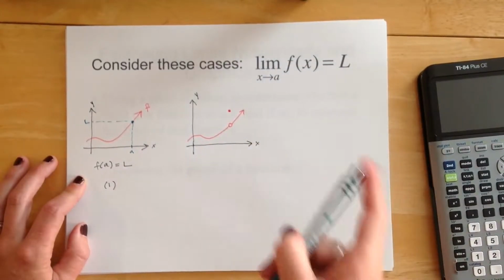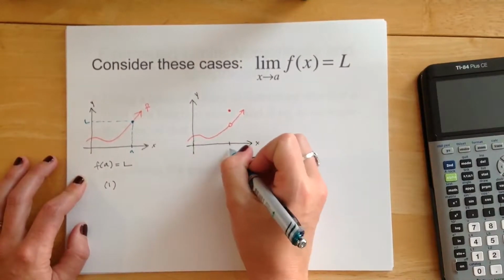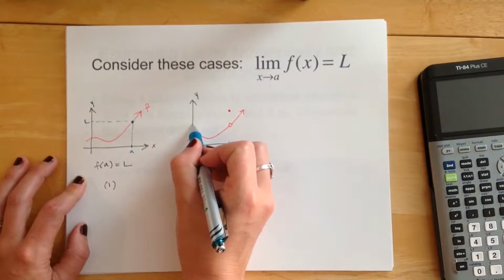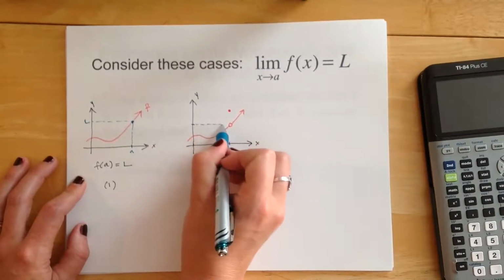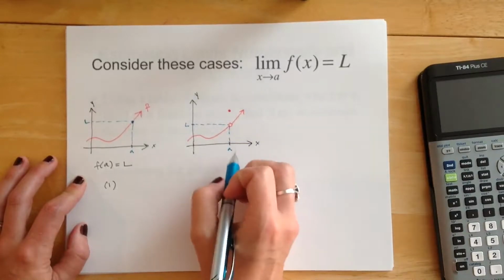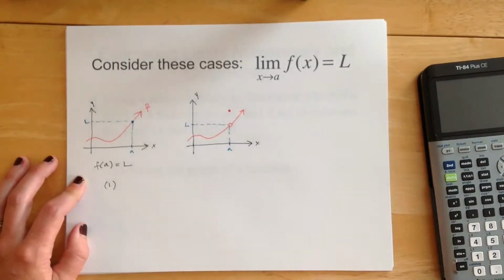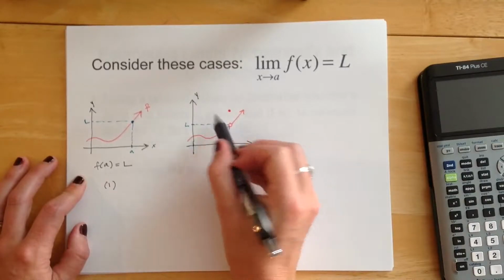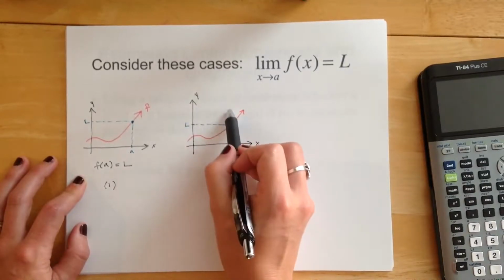If this is x equal to a, this is going to be L. This second case says that the function evaluated at a is not equal to L. It's actually equal to some other value.